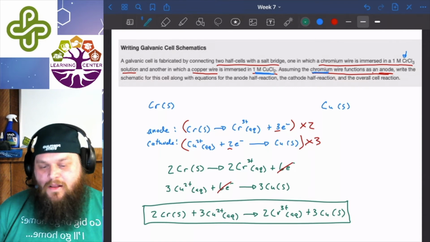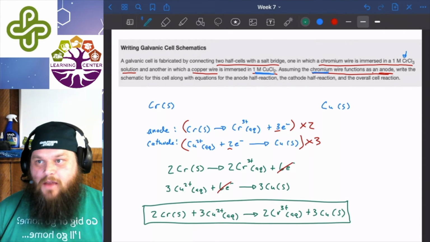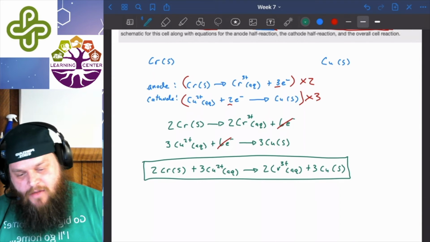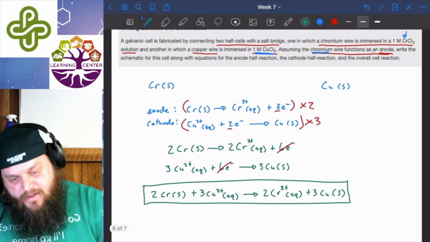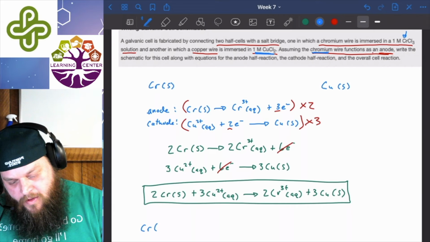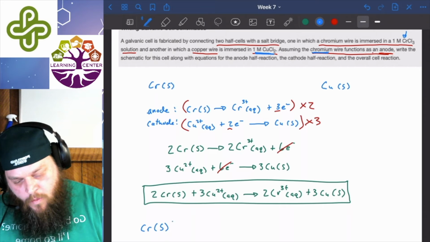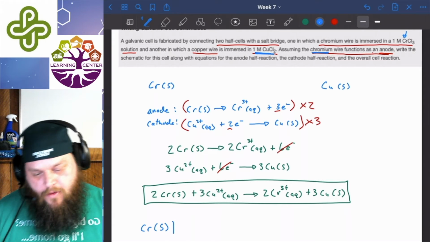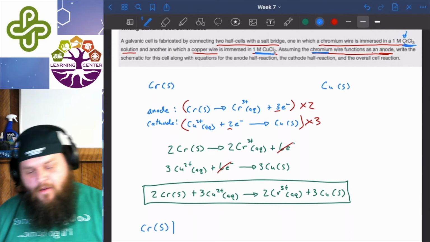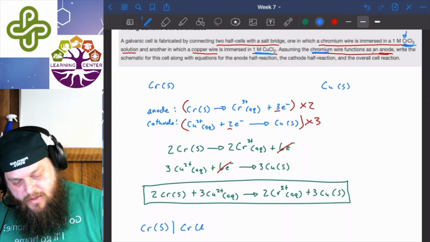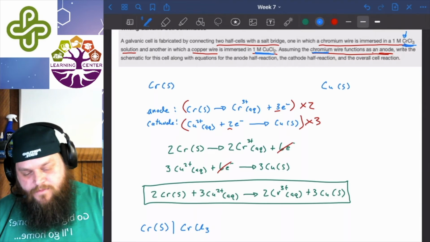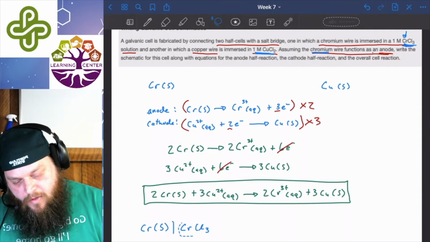And we can also write this out as a galvanic reaction in cell notation. We started out with that chromium solid on this side. It went through this buffer of chromium trichloride, CrCl3. If we know the molarity of that, we can put that molarity in.